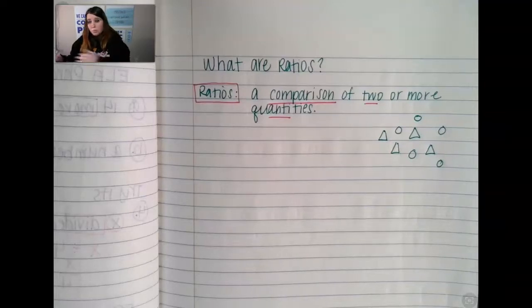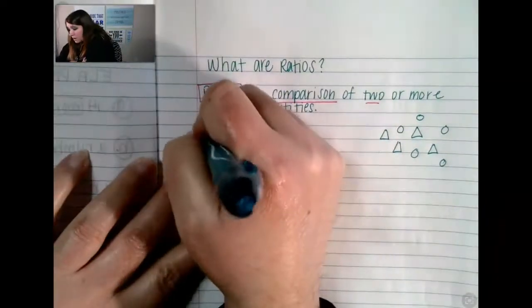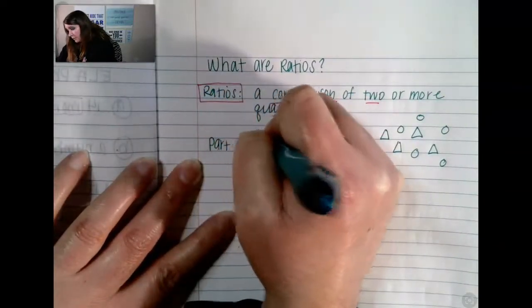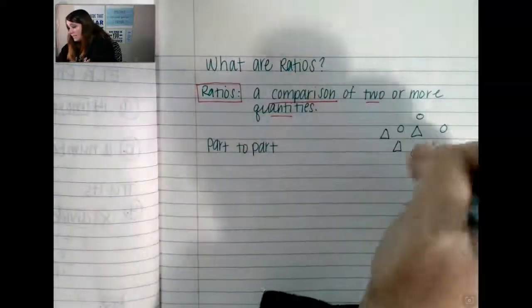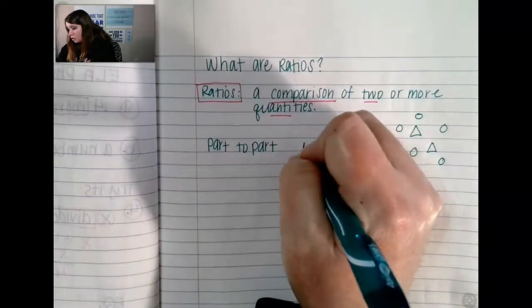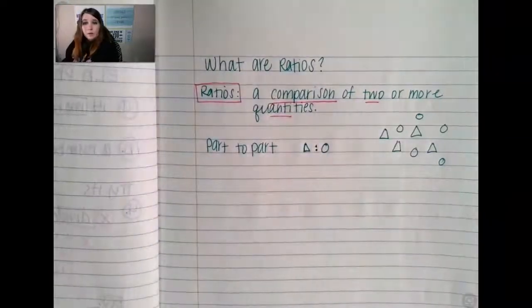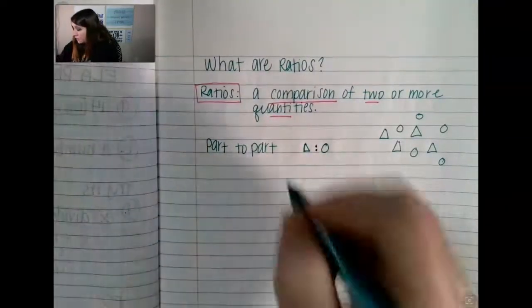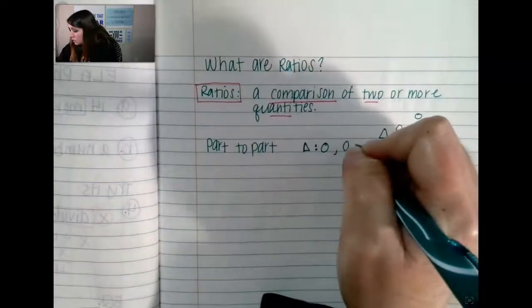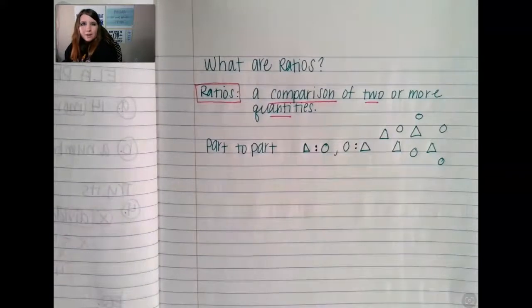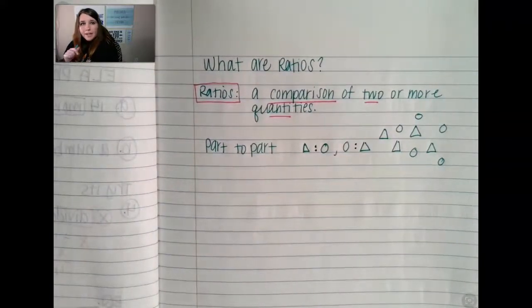So a part to a part. In this example, we would have triangles to circles, or you could have circles to triangles. It just depends on what they're asking for, and we'll talk about that in just a second.